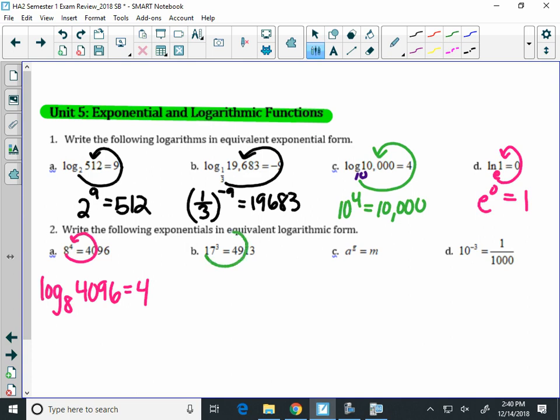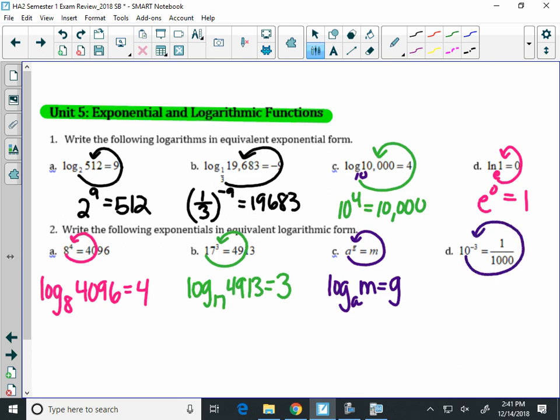All right, same thing here. We have log base 17 of 4,913 equals 3. And C, log base A of M equals G. Now here for D, I'll write it two ways.